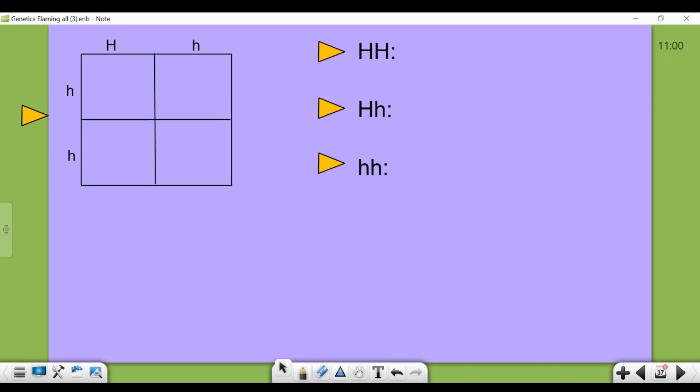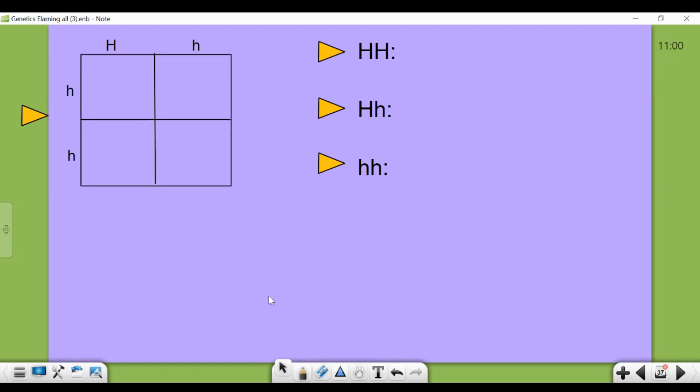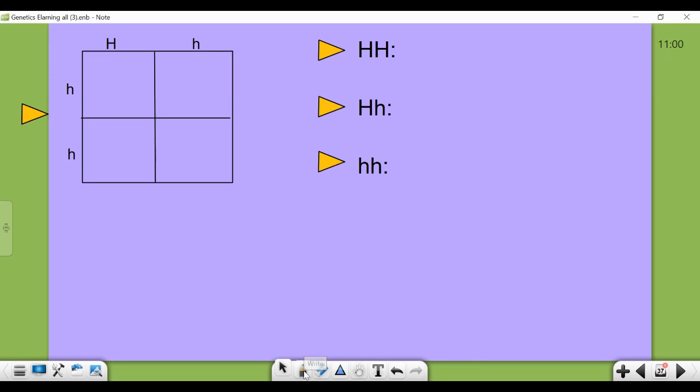So now we're simply just going to move the letters down. If I can write on my screen. Let's see if we can move it now. There we go. So this letter comes down, capital H, and then we bring it all the way down. And we're going to do the same thing here.